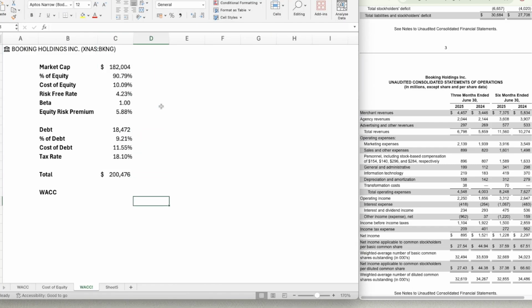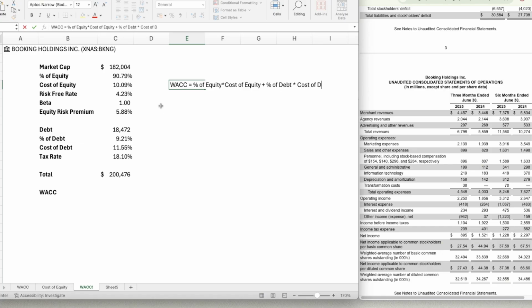So now we can calculate the WACC, and let's remember what the WACC is. The WACC equals the percentage of equity multiplied by the cost of equity plus the percentage of debt multiplied by the cost of debt multiplied by 1 minus the tax rate.